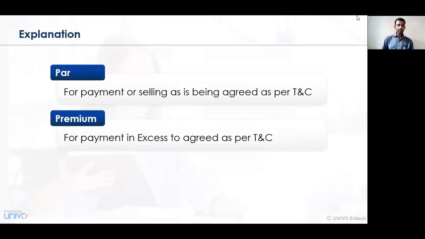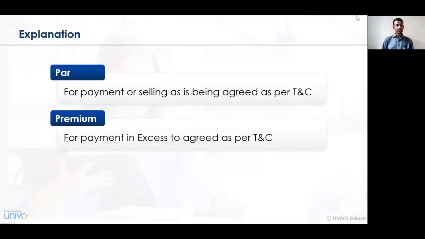Another example that we can have is you may earn on a certain policy at premium. So remuneration that can be earned in excess of the amount. Payment in excess of the agreed terms and conditions is also called a premium level. Now let's take an example. For example, a particular person has taken an insurance policy for rupees 1000, but in case certain additional services need to be rendered, the person pays an amount of rupees 1100, that is 1100.